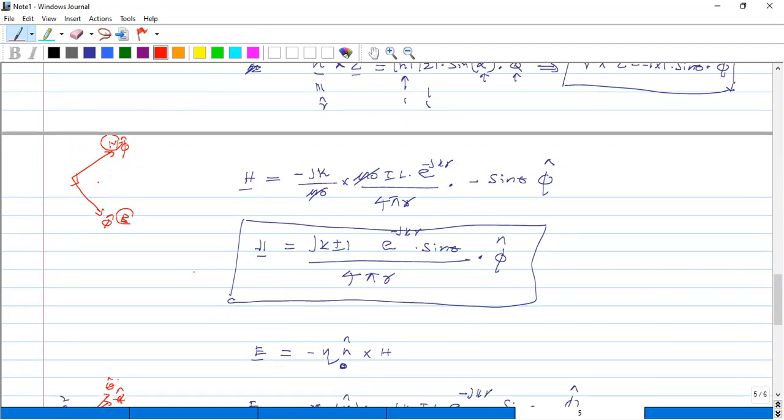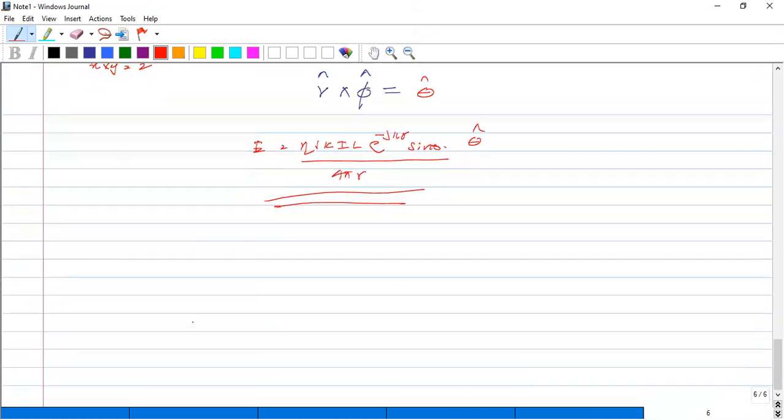So this is how we find the H field and E field of an infinitely small antenna. We have to start with the magnetic vector potential, then you can find the H and E field.